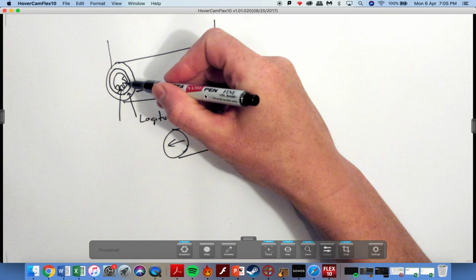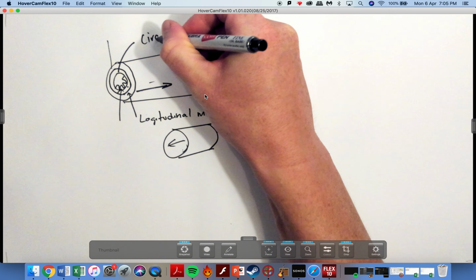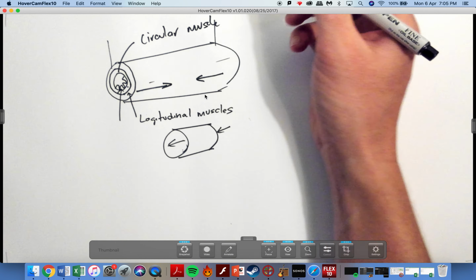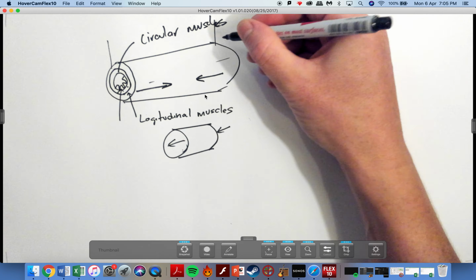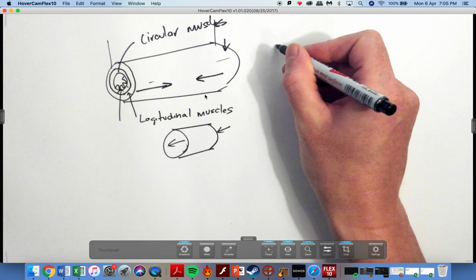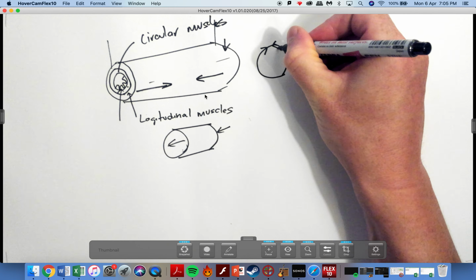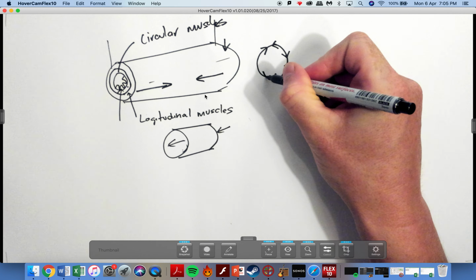And this is where the next layer in, this layer here, the circular muscles, come in. What these are going to do is contract. If we think about it being a circle, the contraction is happening all the way along.